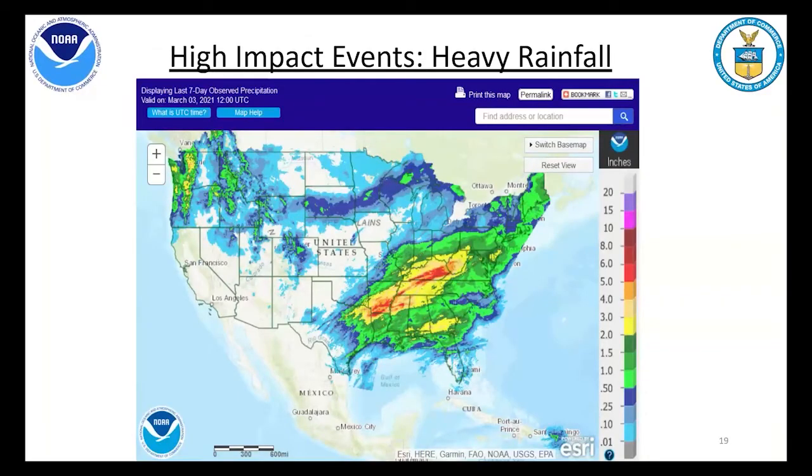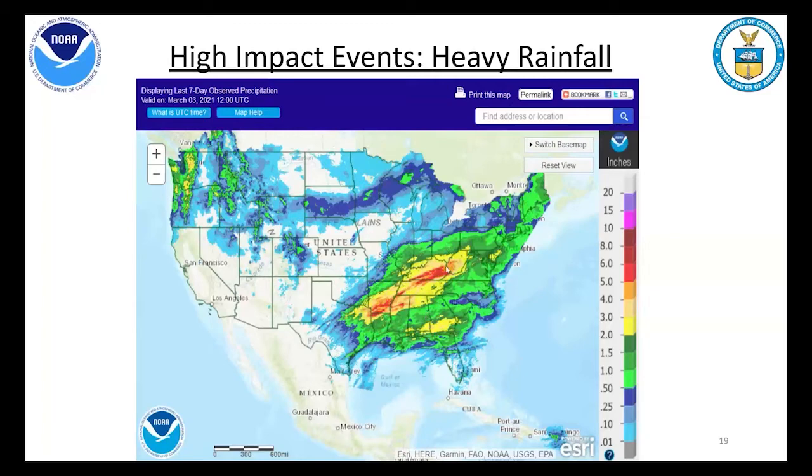And finally, one example for heavy rainfall occurred back at the beginning of March. This was the 7-day observed precipitation. So had a swath of 2 to 6 inches of rainfall extending from the Ohio River southwestward towards Arkansas, northern Louisiana.